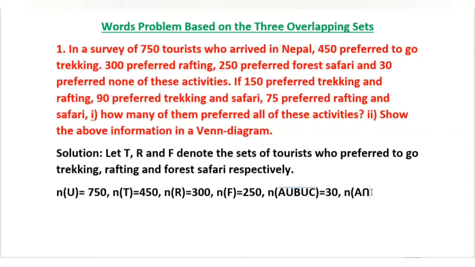Instead of A, we have 150 preferred trekking, so here we need T for trekking and R for rafting. 150 trekking and rafting.